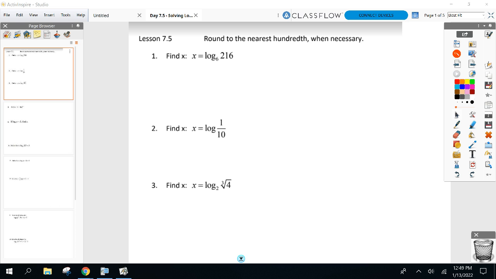Everyone see it's already x equals? We're going to use our calculator. We're going to use x equals log base 6 of 216. We're going to plug log 6 of 216 in our calculator. It is the same place as your absolute value. So where do I want you to go? Alpha window. Absolutely.